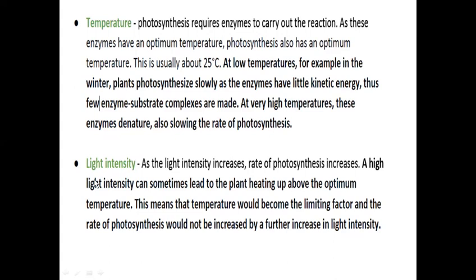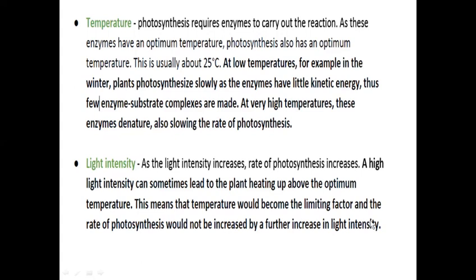Now, another factor is light intensity. As the light intensity increases, the rate of photosynthesis also increases. A high light intensity can sometimes lead to the plant heating up above the optimum temperature. This means that temperature would become the limiting factor, and the rate of photosynthesis would not be increased by a further increase in light intensity.